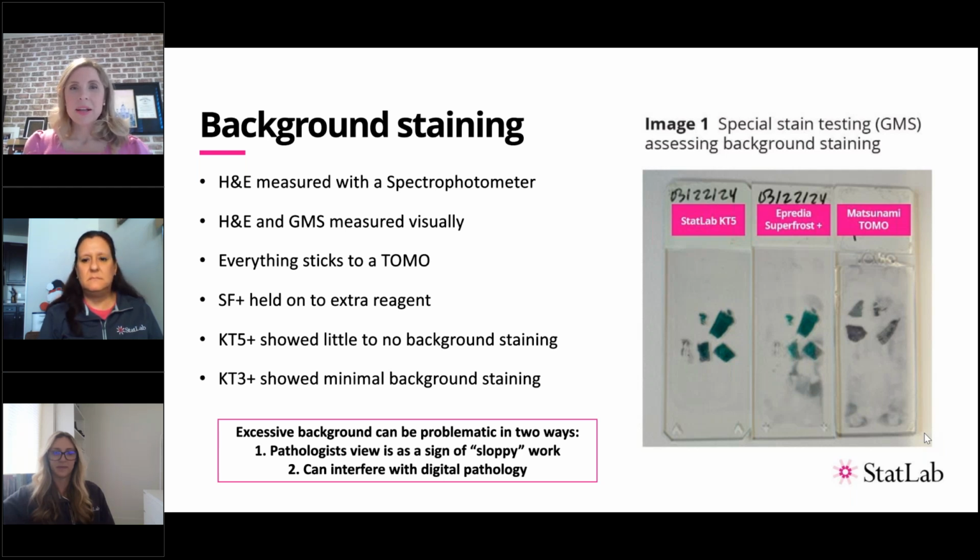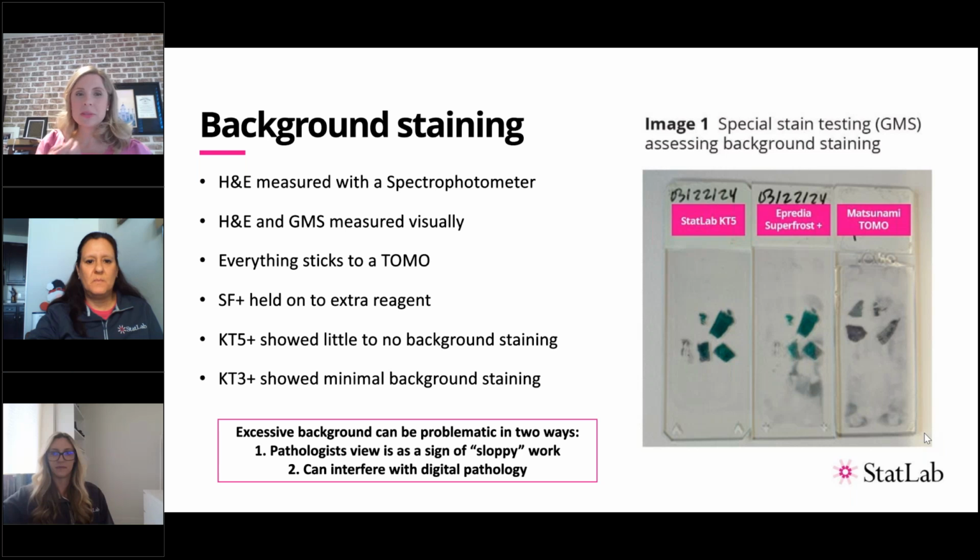Number one, you want that slide to look beautiful. Special stains especially look like a work of art, and sometimes background staining can interfere with the aesthetic of it. Sometimes pathologists view it as a sign of sloppy work. So if you can clean that slide up, it's better. You can especially see the excess background on the Tomo side. There's a lot of silver left on.